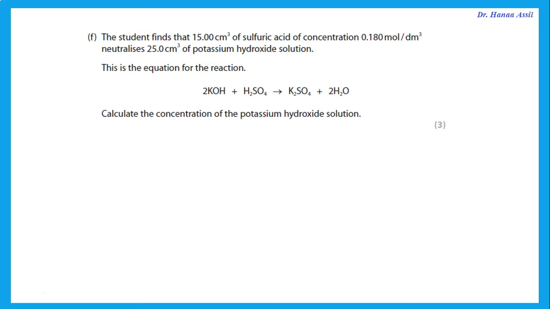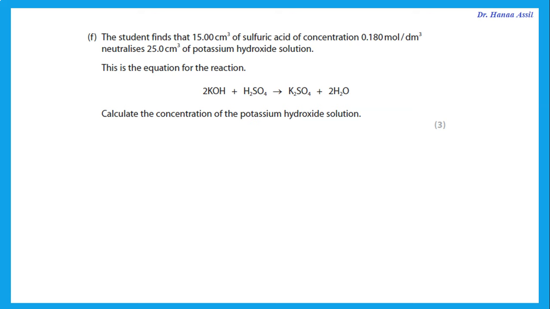The student finds that 15 centimeter cubed of sulfuric acid of concentration 0.18 neutralizes 25 centimeter cubed of potassium hydroxide solution. And this is the equation for the reaction. Calculate the concentration of potassium hydroxide solution. So we're given information about sulfuric acid.